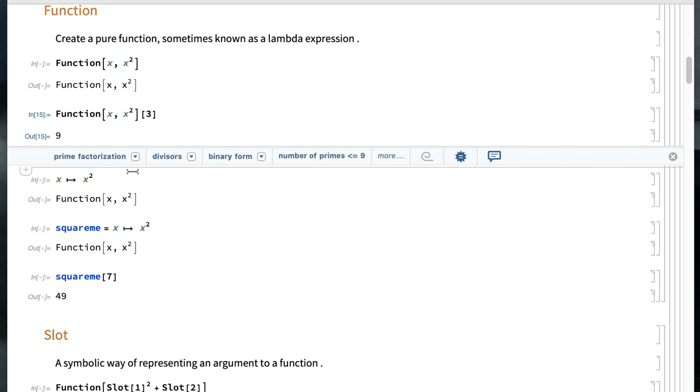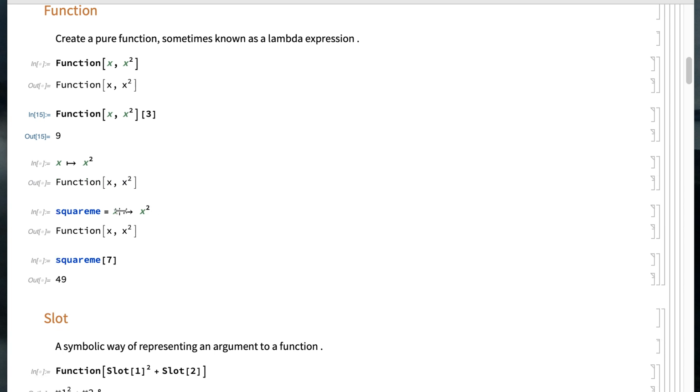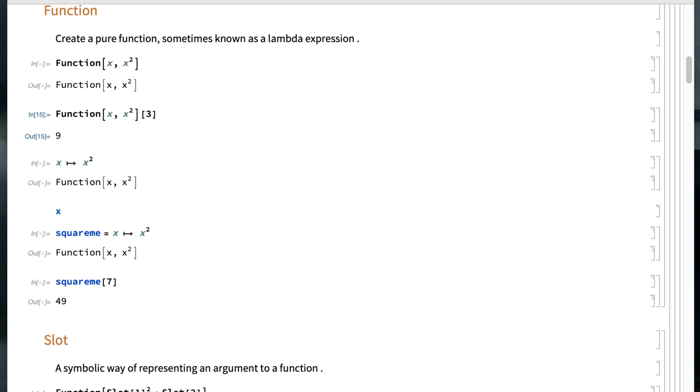There are other ways of writing functions, and let me show you. Here's one which is more of a mathematical notation, and it has the little function arrow. You might ask, how do I make the function arrow? And the answer is, watch me right now. x, vertical bar, hyphen, greater than, space, x squared.